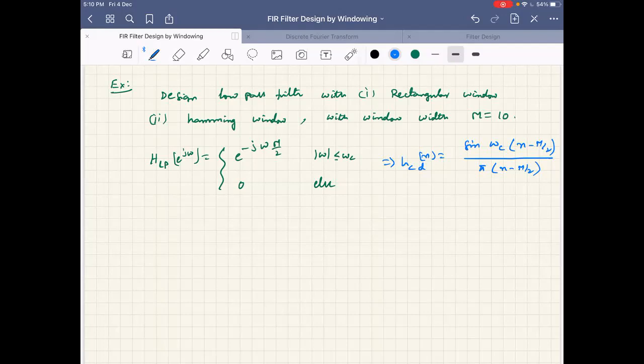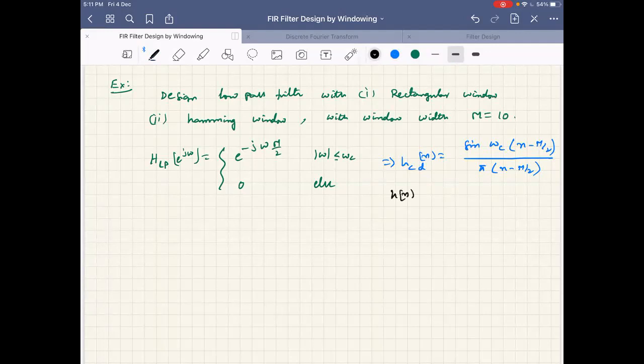To make an FIR filter realization, that is a finite impulse response, we need to multiply this with the window function. Here is where the discussion on what kind of window we should use comes in.